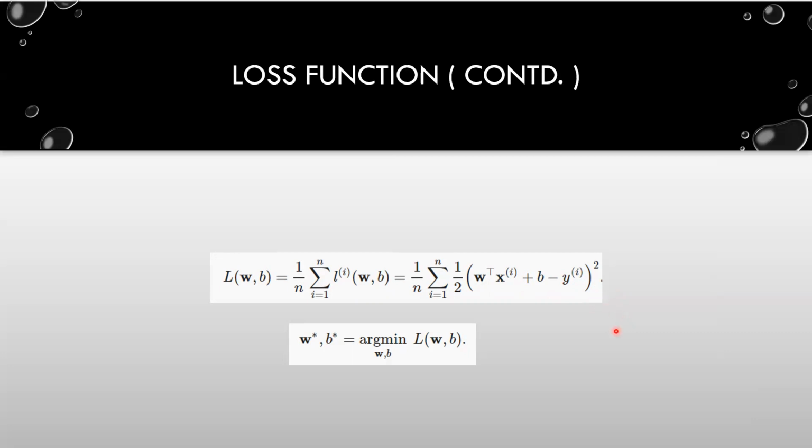When the training is going on, when we are going to train the model, we want to find parameters, that is W star and B star, that minimize the total loss across all training examples.